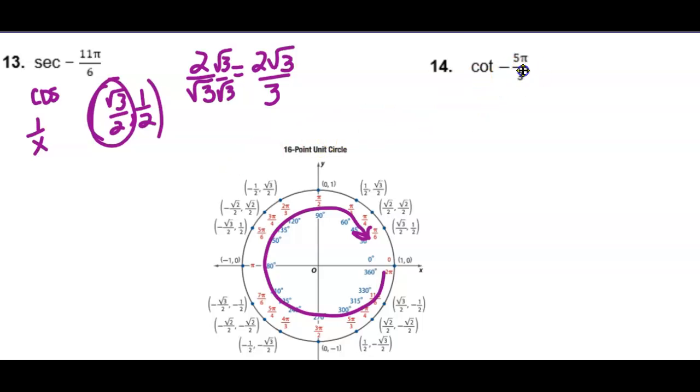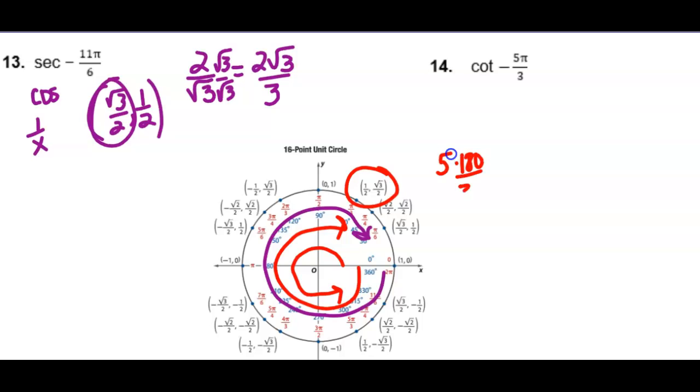All right, cotangent, also not super easy, but we can do it. 5 pi over 3, goodness, they're happy with these negatives. 5 pi over 3 is 3 quadrants around and 1 more ordered pair. But we're supposed to go negative, so it's going to go 3 quadrants around and 1 more ordered pair. It's here. Or you could have said 5 times 180 divided by 3 would make that 300.